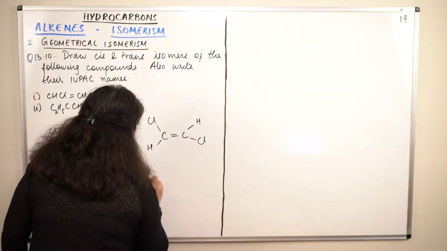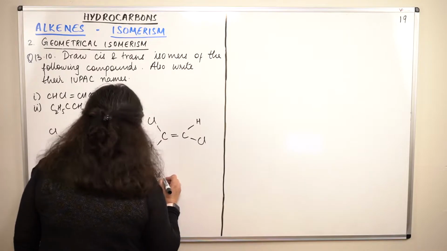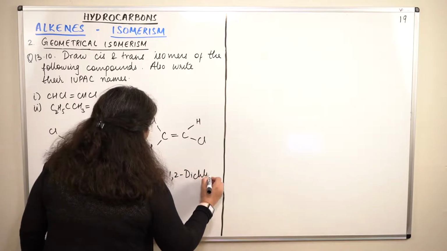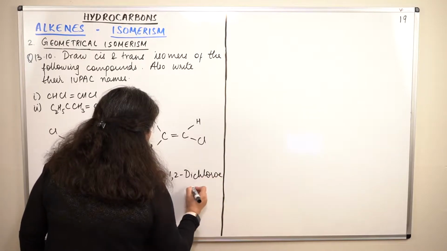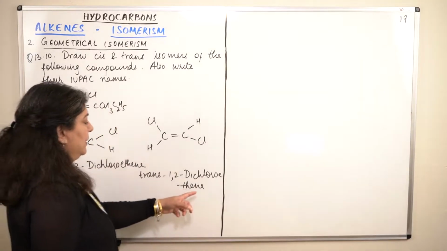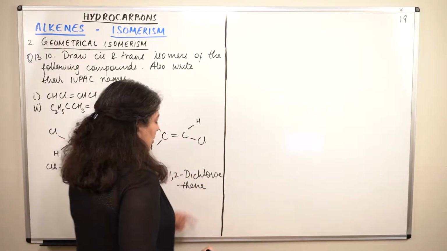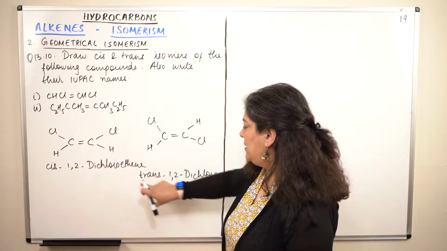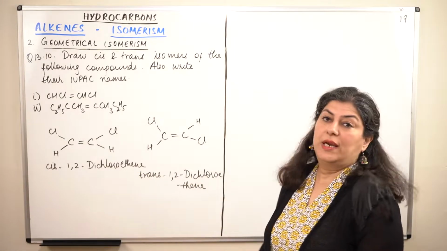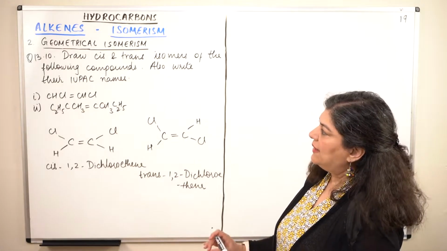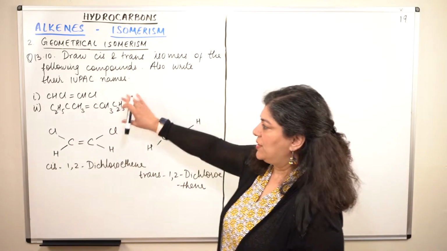So we'll write trans-1,2-dichloroethene. So these are the IUPAC names and the cis-trans isomers of the first compound.